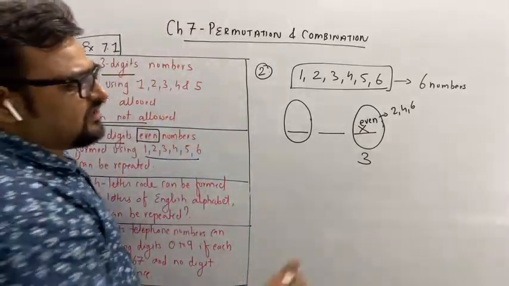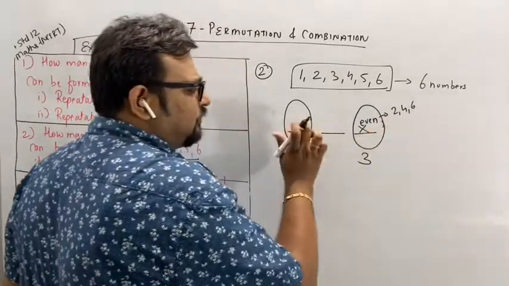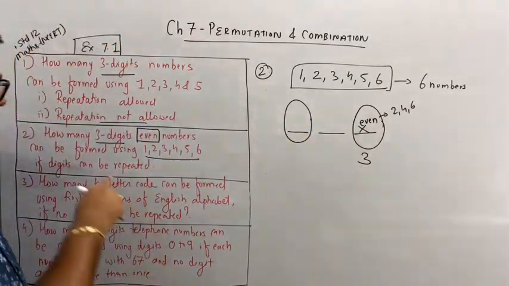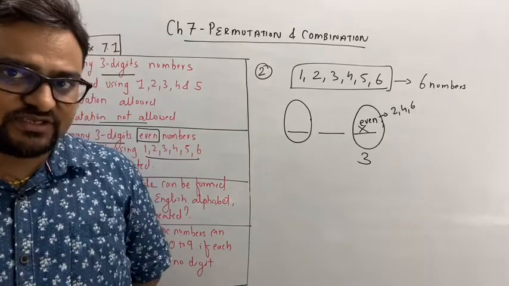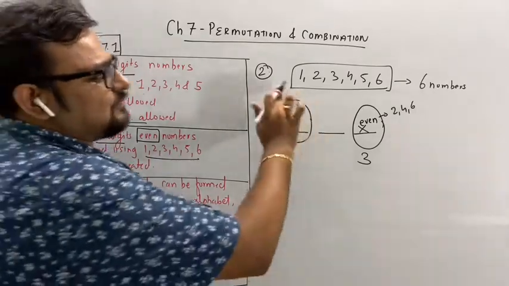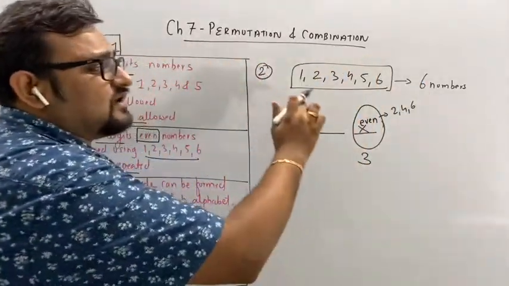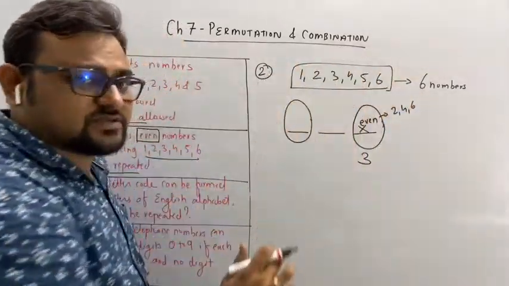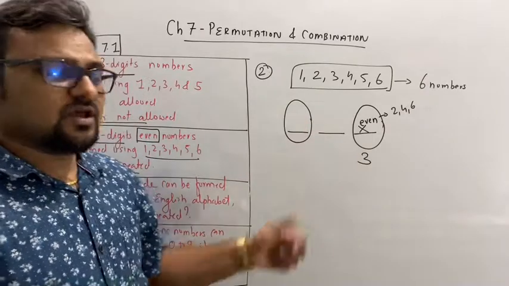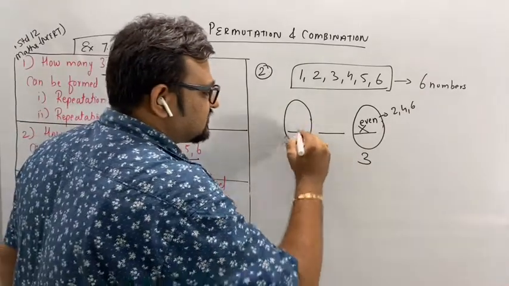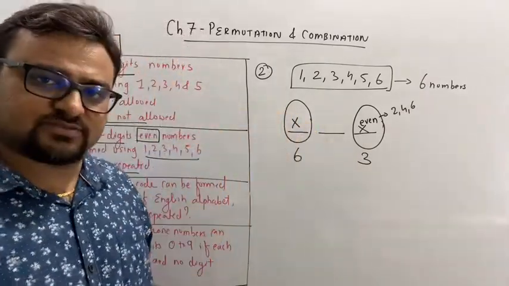Now when I try to put a number here, how many options do I have? See, if I put 4 here, can I put 4 again? Digits can be repeated, so yes. So now I can put any one from all the 6 numbers, because I can use the number again. So I have 6 options.